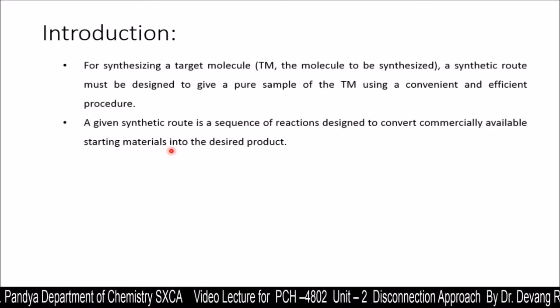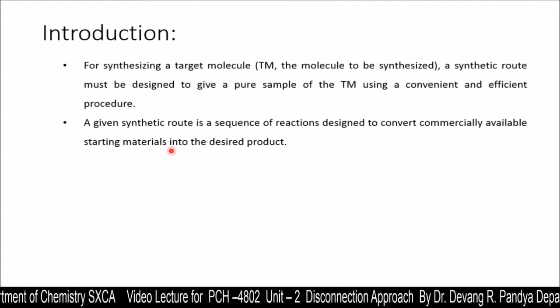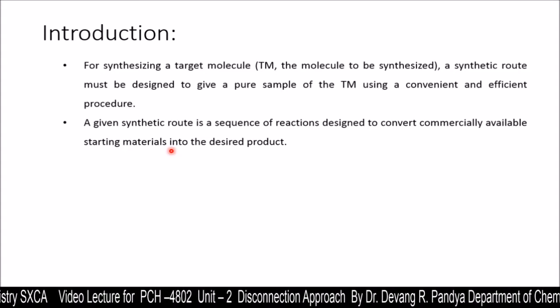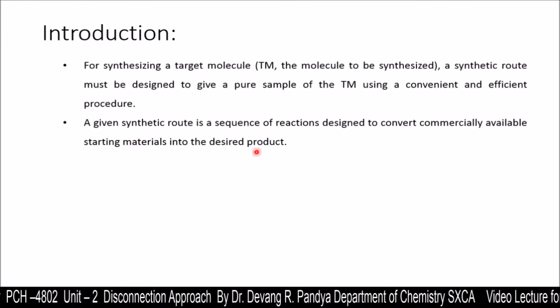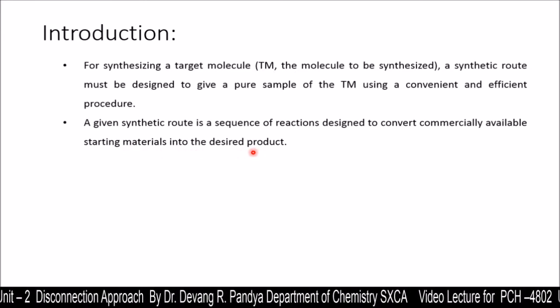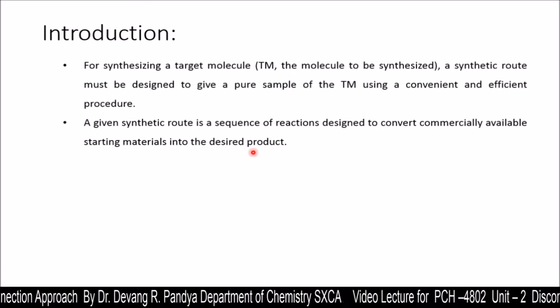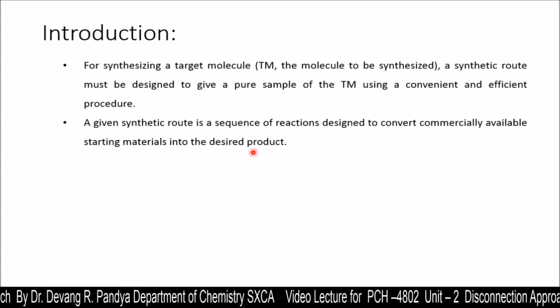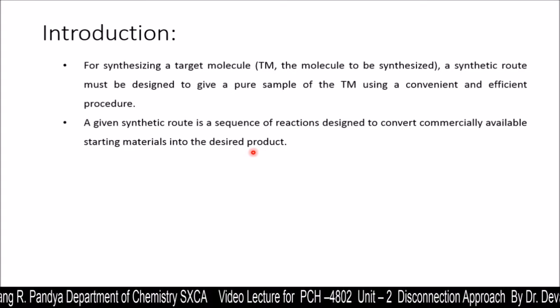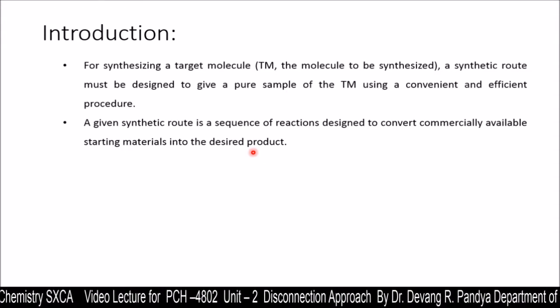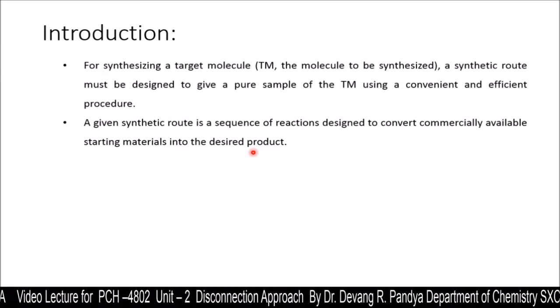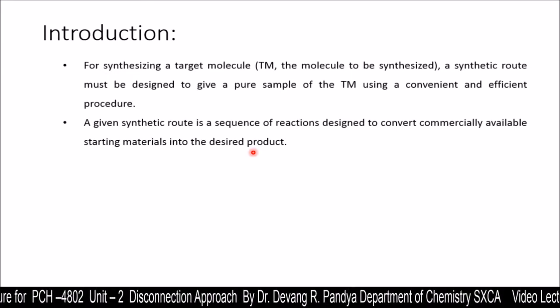So from the target molecule you reach the starting material, then you run the forward reaction and get the desired product. Less chemical is used, procedures are cost effective, starting materials are commercially available, so you can easily start the reaction and get your end product, and the product yield would be high as well.